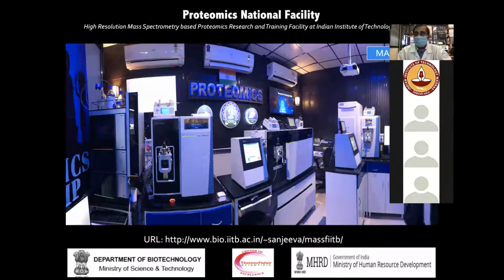The facility is generously funded by the Department of Biotechnology, Government of India, and the Ministry of Human Resource Development. We also have several centers of excellence in our facility, especially one by Thermo Fisher Scientific, to advance proteomics knowledge using mass spectrometry. So let me now move to the facility and lab and take the next steps directly from there.